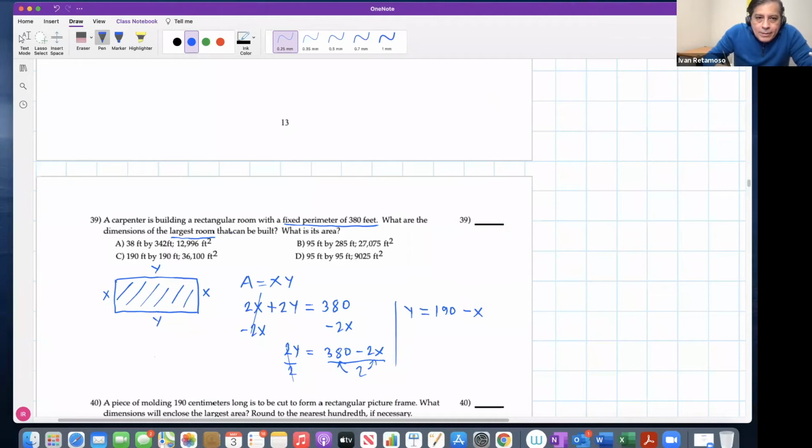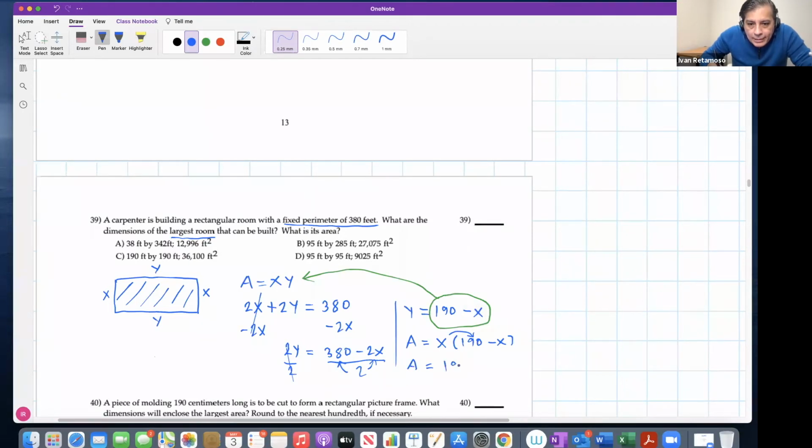So now simply we are going to take this and replace this into our area function. Why are you doing this, Professor? Well, because I want to have my area as a function of x, not as a function of y and x. And we are studying calculus one.